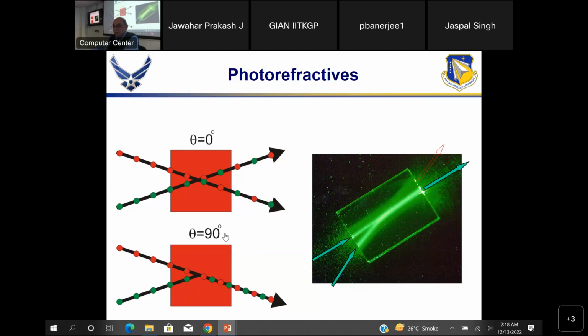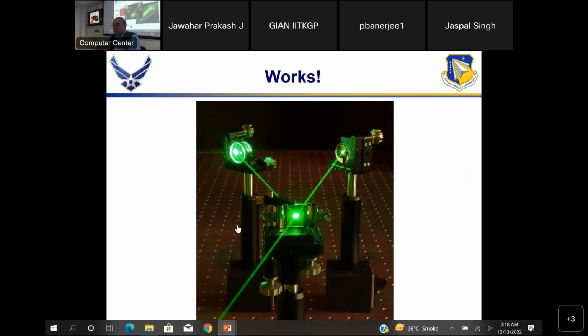But in materials like lithium niobate, there is this diffusion process. This is just the experimental setup to show that you do have extreme beam coupling, as you see.